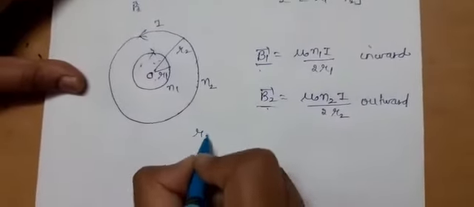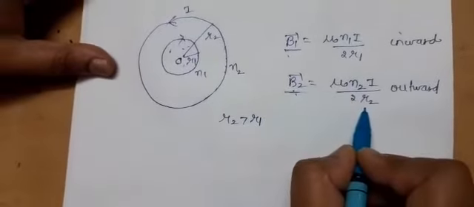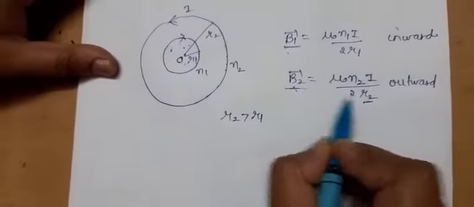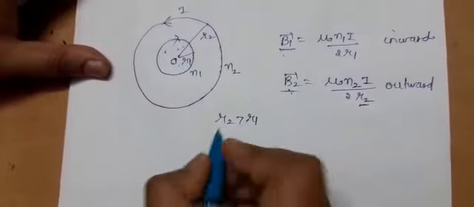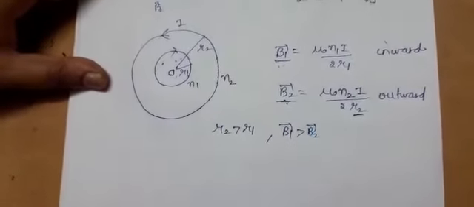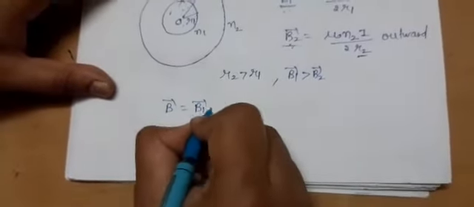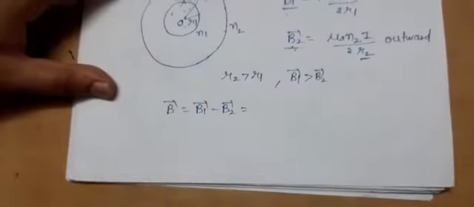Now to find the net magnetic field out of B1 and B2, which is greater? See, as R2 is greater than R1 and the magnetic field is inversely proportional to distance, the more the distance, the less the magnetic field. It means you can say that the magnitude of B1 is greater than B2. So the net magnetic field will be in the direction of B1.